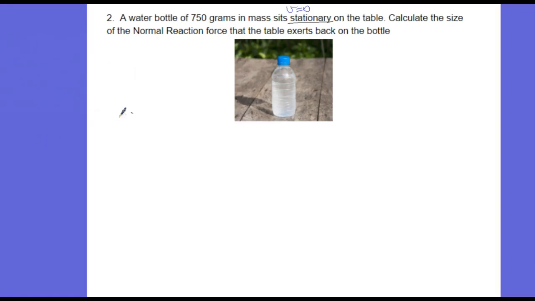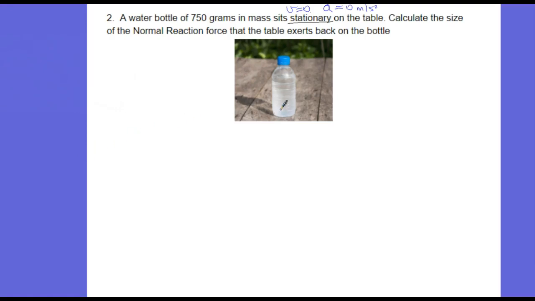All forces are balanced. And that means also the acceleration is 0. Okay? So that's the information we get from an object being stationary. Does that make sense? Calculate the size of the normal reaction force that the table exerts back onto the bottle.